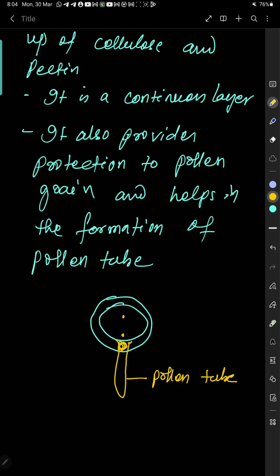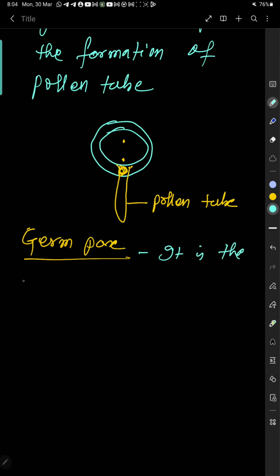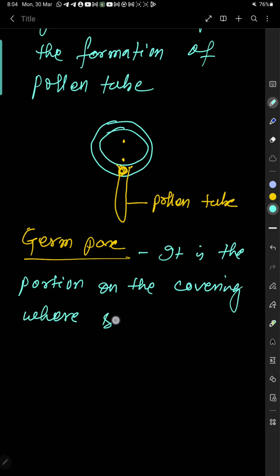Okay, now the next part is germ pore. It is the portion on the covering where sporopollenin is absent.